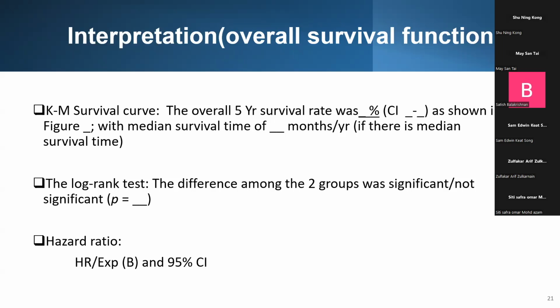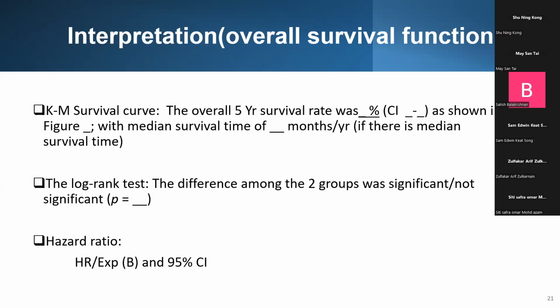Okay, so when we interpret our result, when we already have a result of Kaplan-Meier survival, then we need to explain it like this. When we have done our SPSS analysis with our data, how can we answer the question of survival? We need the figure like just now, the Kaplan-Meier curve.